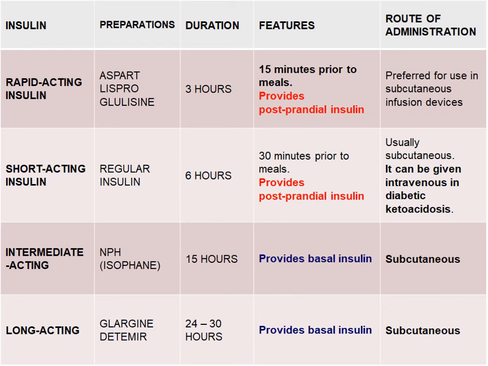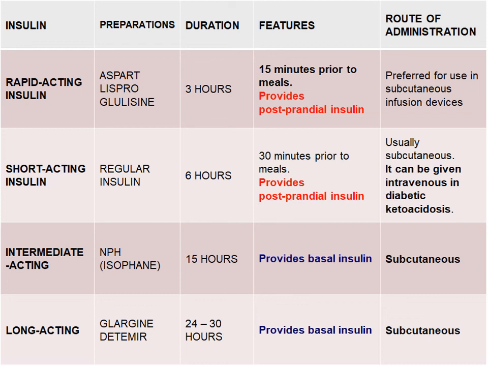Say rapid-acting insulin, such as aspart, lispro, glulisine: duration of action is about 3 hours, can be given 15 minutes before meals, and provides postprandial insulin to compensate for hyperglycemia following diet. Preferred for subcutaneous use and insulin infusion. They can be given also in insulin infusions.